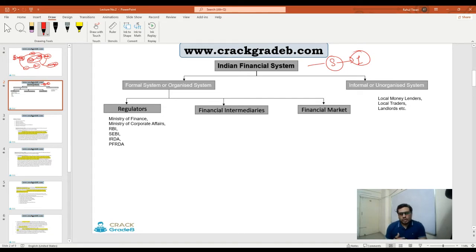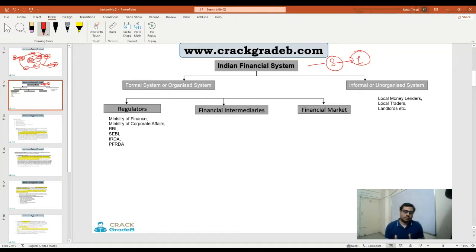Though they are not going to ask this question, you must know it. Why must you know? Because if you see the broader spectrum beyond the Indian financial system, the entire Indian economy, the formal sector is working along with the informal sector.